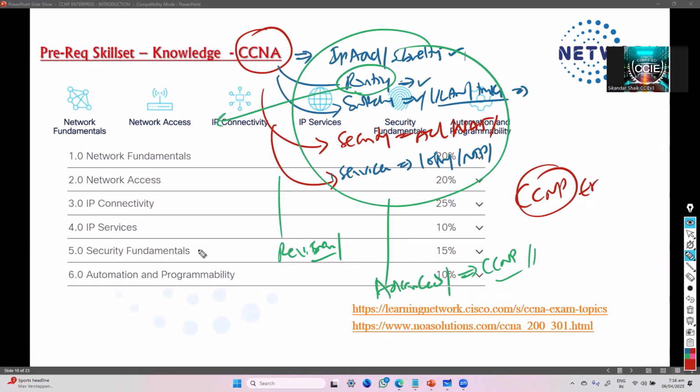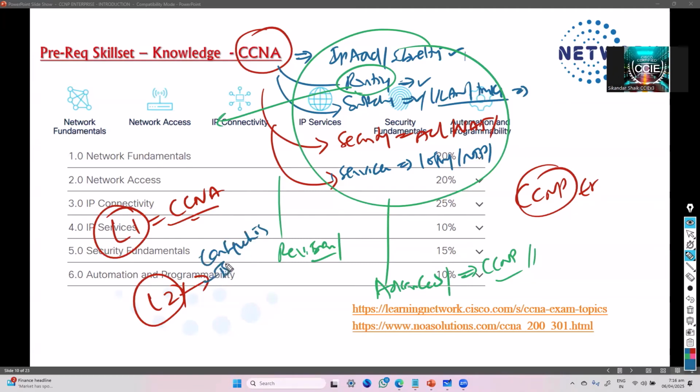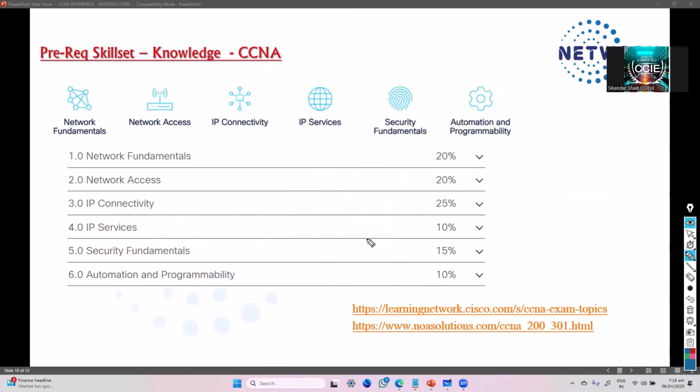But mostly at the CCNP level, you will be doing mostly level 2 jobs. The CCNA is more on level 1, where you might be doing the basic things. But at the CCNP level, you will be in a position to do some advanced configurations and some troubleshooting as well. And of course, once you have some good exposure or experience, it will help you to move to the advanced level like L3, where you will be responsible for designing the networks as well.